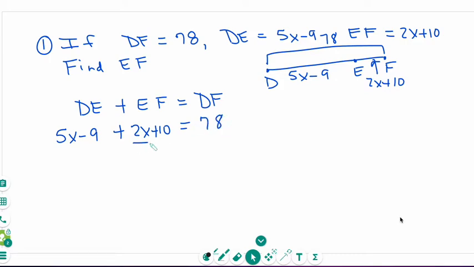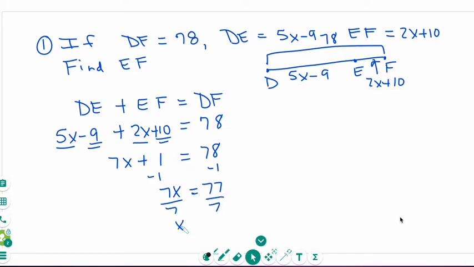We're going to collect like terms. So we have 7x plus negative 9 and positive 10 is 1 is equal to 78. 0 pair, 7x is equal to 77. Divide by 7, divide by 7, x is equal to 11.